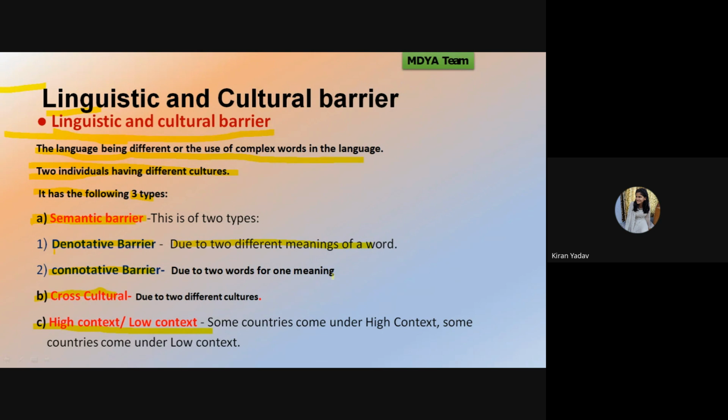But if we hear the word puppy, it can carry the connotation of innocence and cuteness, these positive emotions.